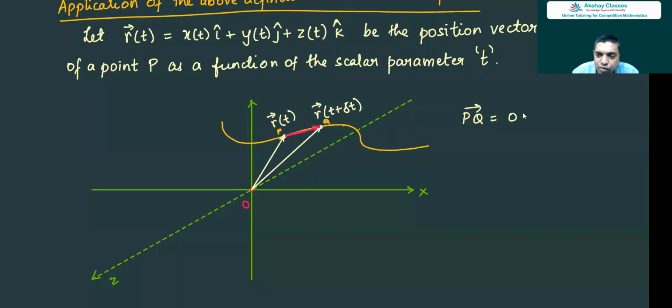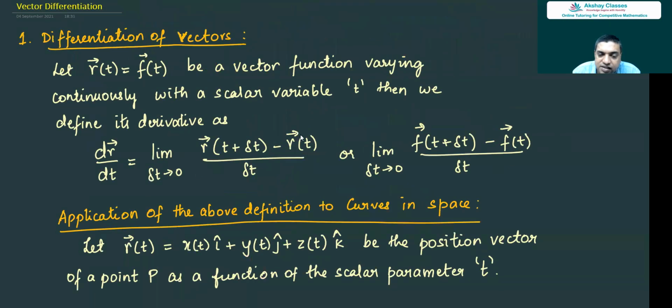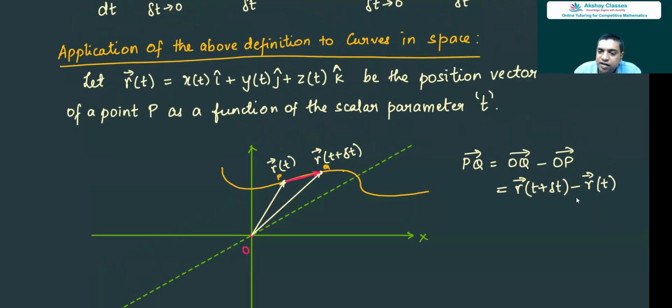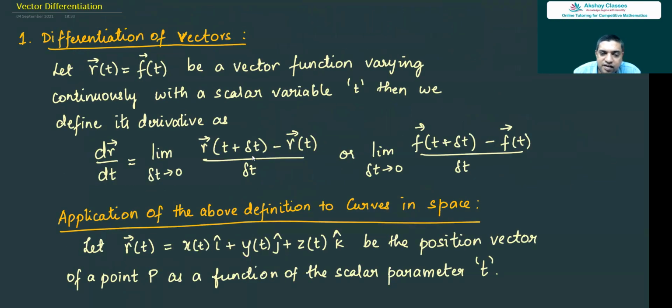position vector of Q minus position vector of P. So this is R bar of t plus delta t minus R bar of t. So in this, the numerator is a vector which is in the direction of PQ, divided by delta t.